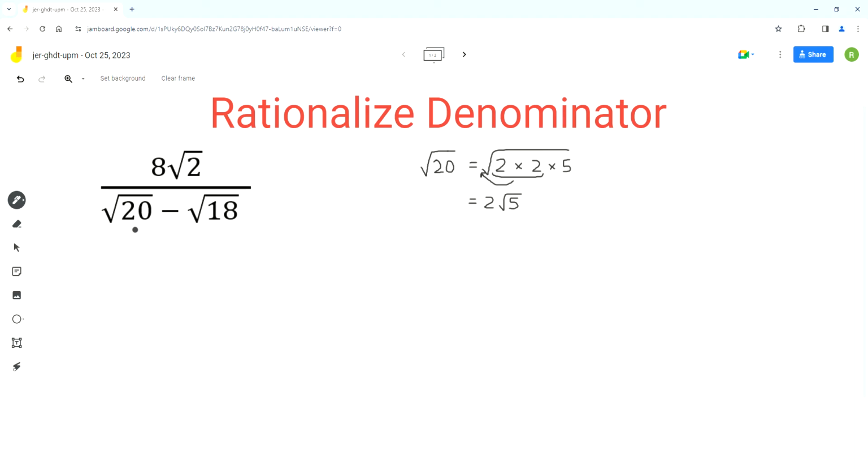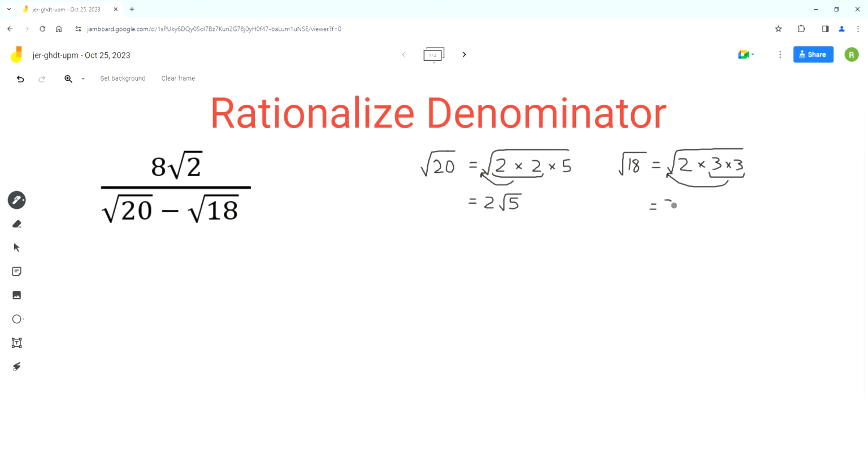Now we can do the same analysis for square root of 18. So we have to break down 18 into its prime factors. So 18 can be broken down as 2 times 3 times 3. So 2 times 3 is 6 and 6 times 3 is 18. Now there are two 3's under the square root, so they'll come out as a single 3 in the front of the square root.